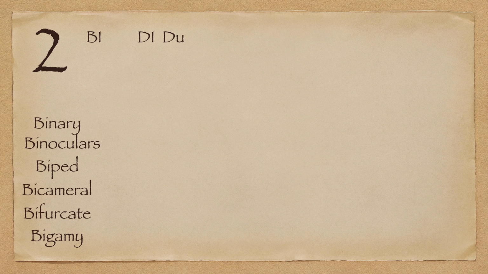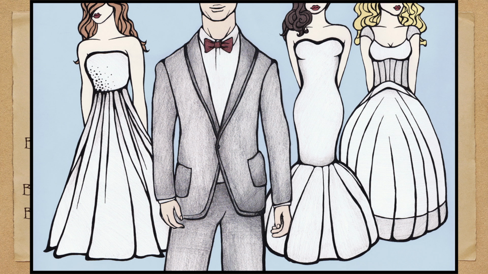Using gamos or gamy, we can also look at the word polygamy. Poly means many and gamos is marriage. So polygamy is many marriages. So when one person can marry a lot of people, or let's say more than two or three people, that situation is known as polygamy. Now, it might not be prevalent where you live or in the culture around you, but there are parts of the world where the system of marriage is polygamous.